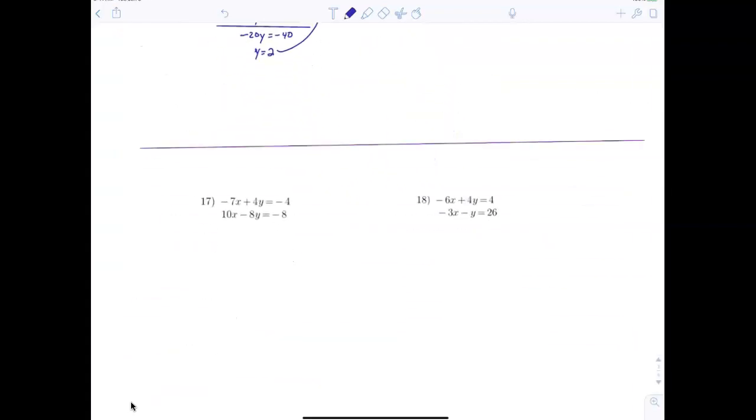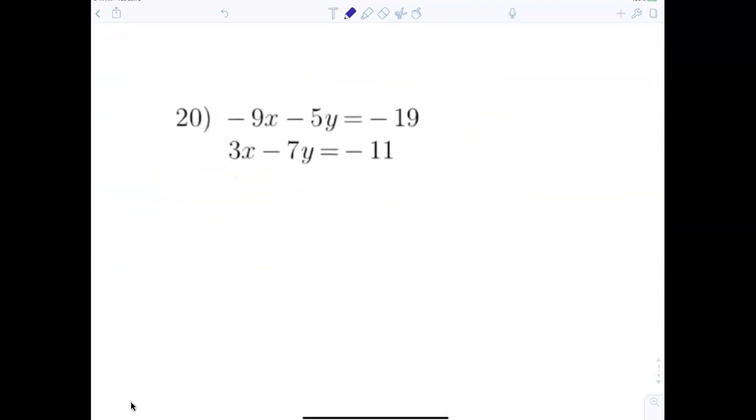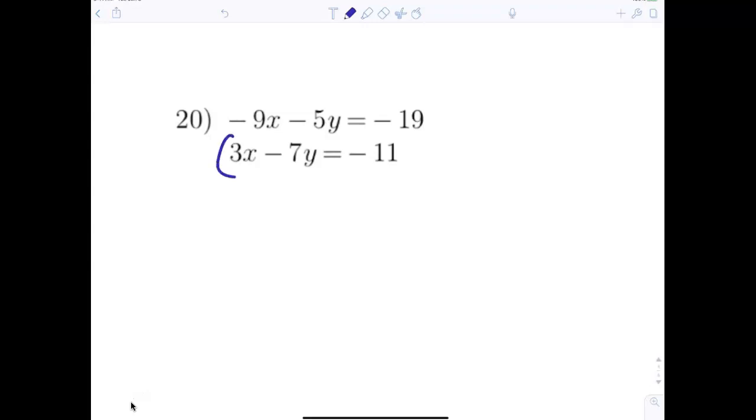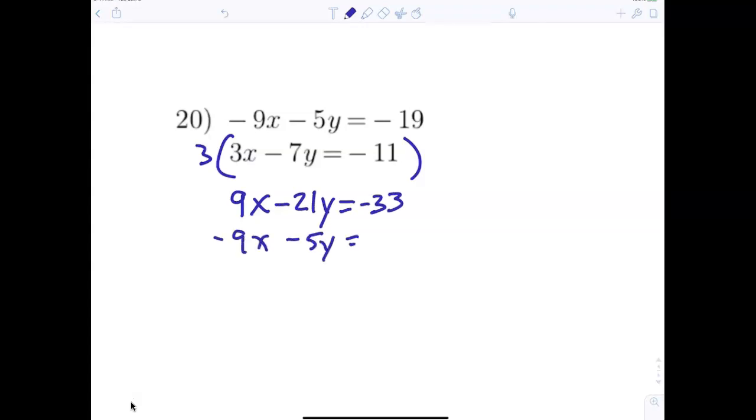Let's look at 20. So what's your recommendation on 20? Multiply the bottom by 3. 9x minus 21y equals negative 33. Negative 9x minus 5y equals negative 19.